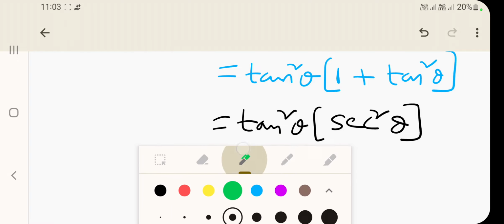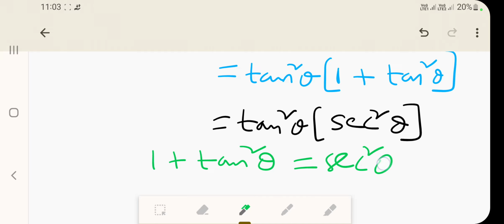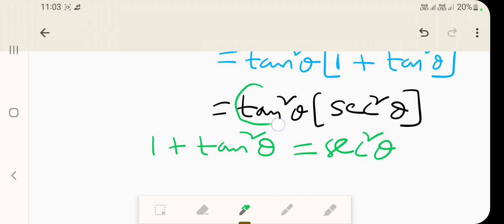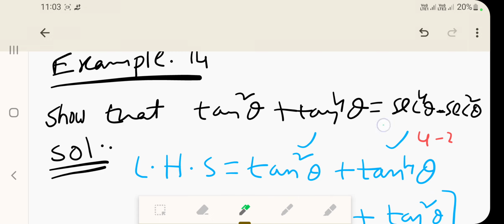Now from the same identity, 1 plus tan square theta is secant square theta. So this tan square theta we have to replace with secant, because in the RHS both the terms are in secant.